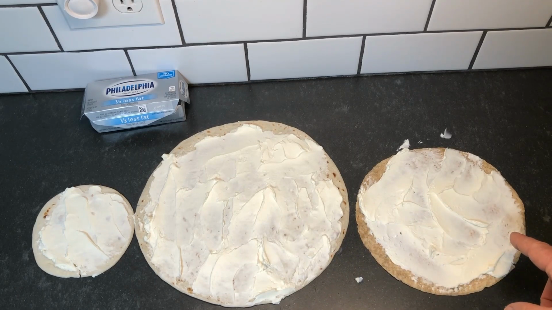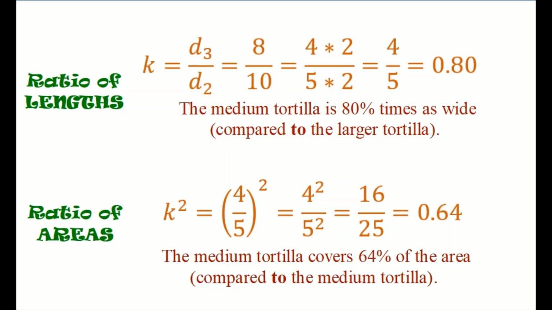So again, comparing the third tortilla to the second tortilla is the ratio of lengths I have going on here. That was 8 to 10, which reduces, the 2's cancel, make it 4 to 5, which is 80%. The medium tortilla is only 80% of the width of the larger tortilla. What you have to do to that, though, is square it. The ratio of lengths squared gives you the ratio of areas.